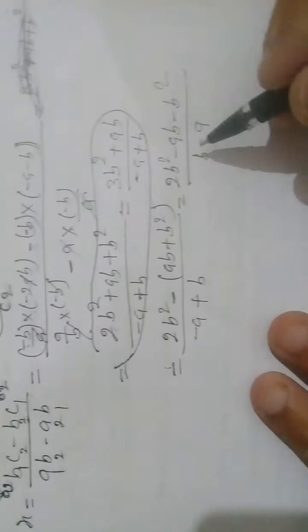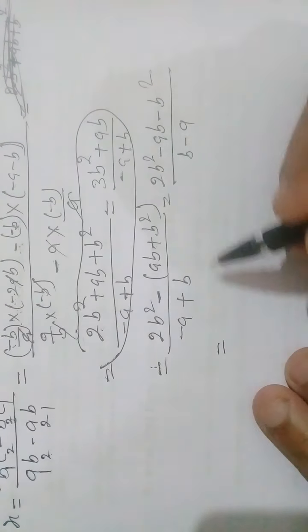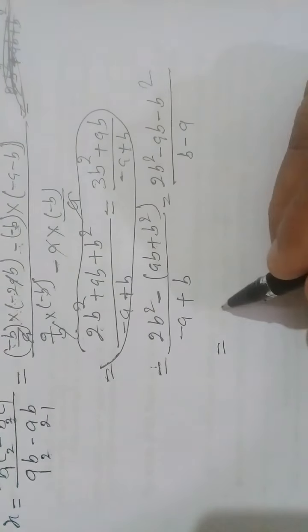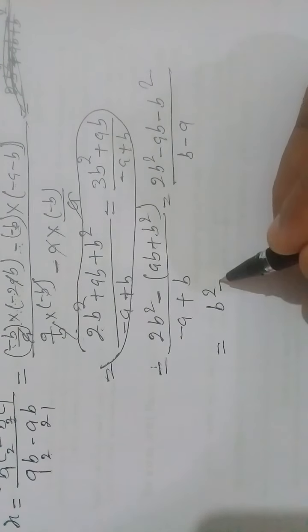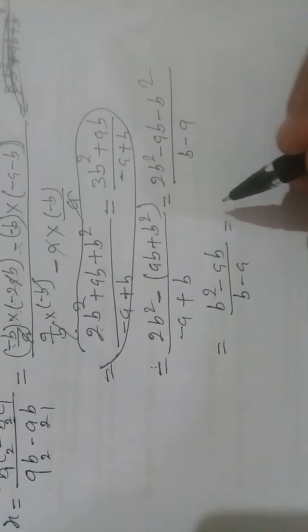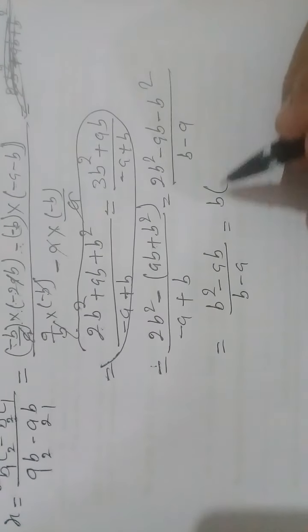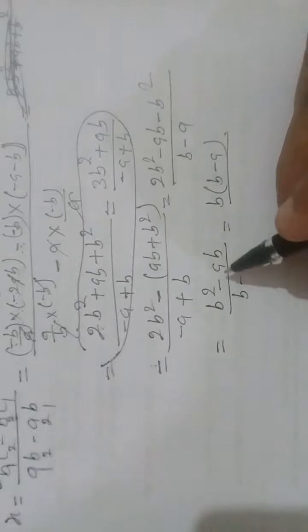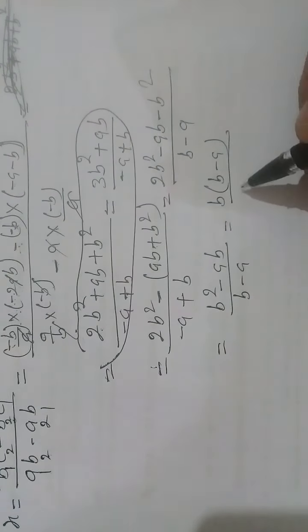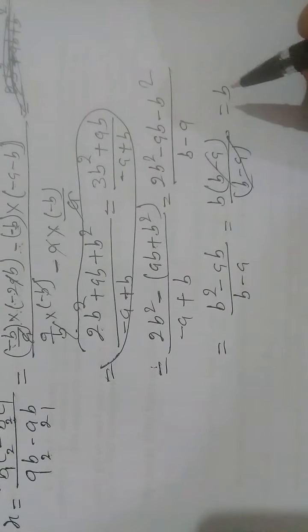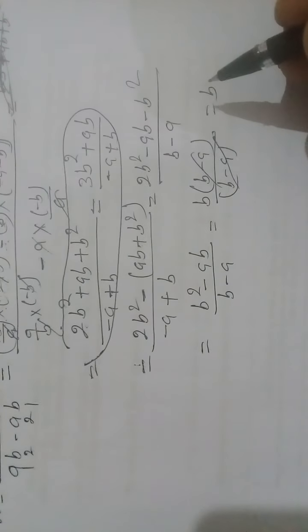In next step we can write 2b square or b square, 1b square minus ab by b minus a. In this, b is common, b minus a cancel, is equal to b. Value of x is equal to b.